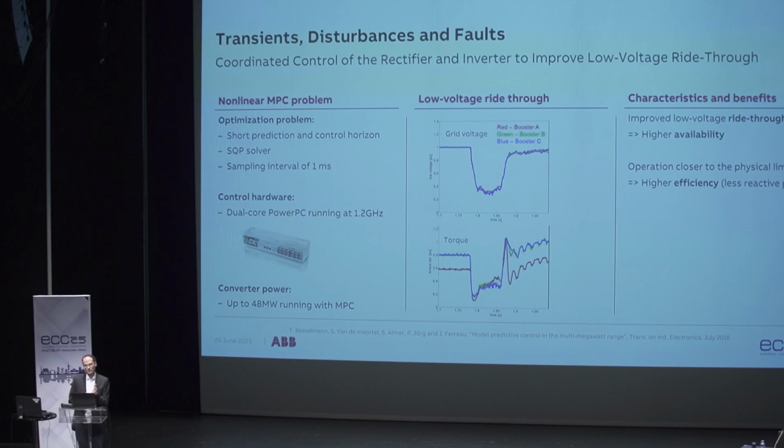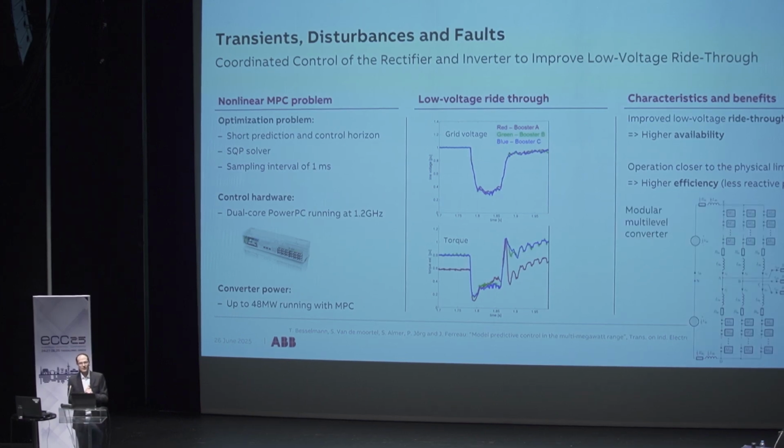But what you can also do is operate your manipulated variables closer to their limits, to their bounds. So that means you get a higher efficiency. The main downside of this type of converter is that it has a very high reactive power demand and not that good an efficiency when you're operating at these points.